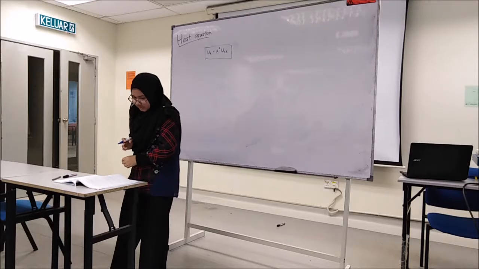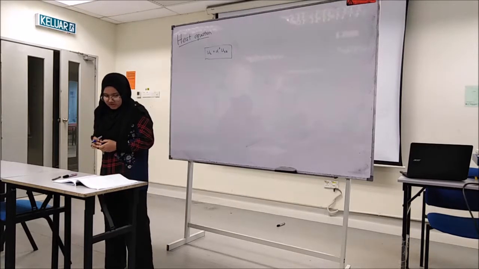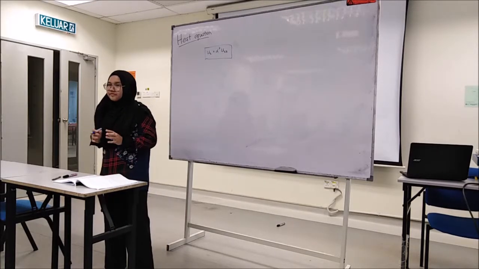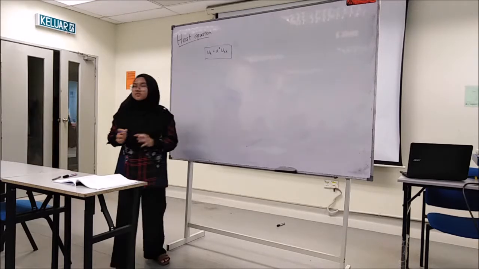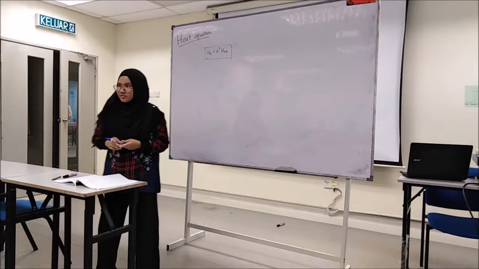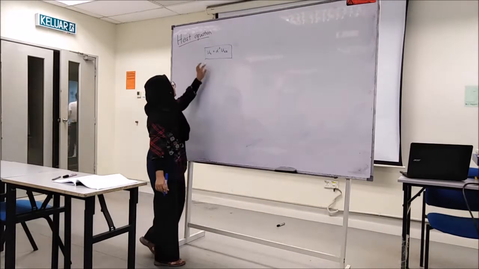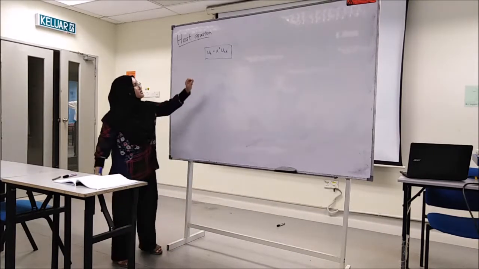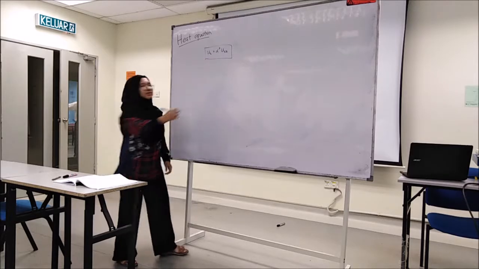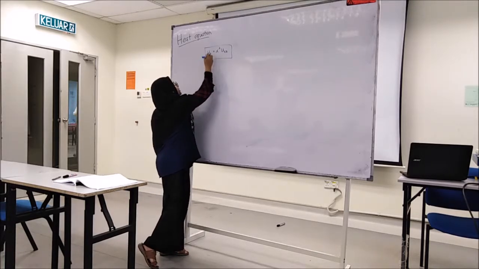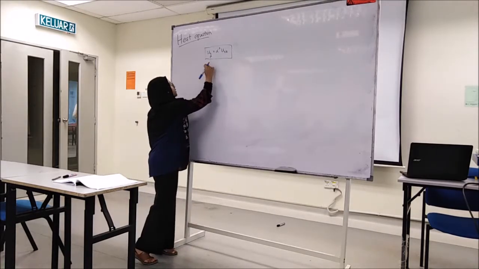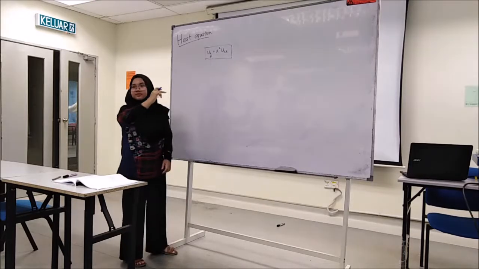So for the initial condition, we have to specify an initial condition so that we can solve the heat equation. This is the first order derivative since it is just t, right?